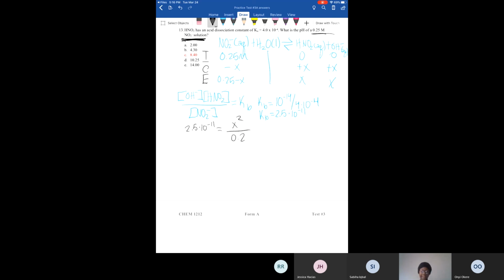You can ignore the x in the denominator because the Kb is really small, and it will save you a lot of time. So multiply by 0.25 on both sides. You get 6.25 times 10 to the negative 12 equals x squared. We'll take the square root of both sides.